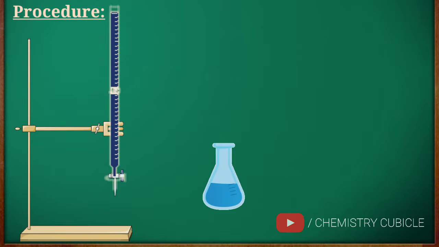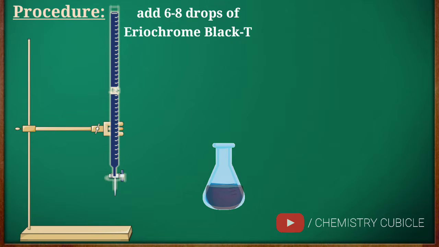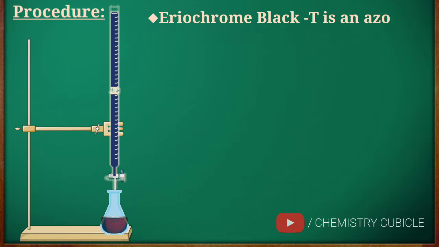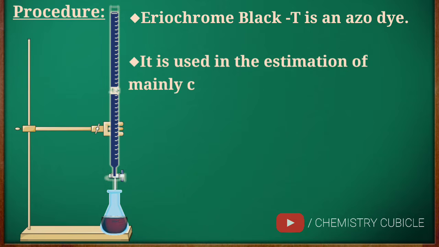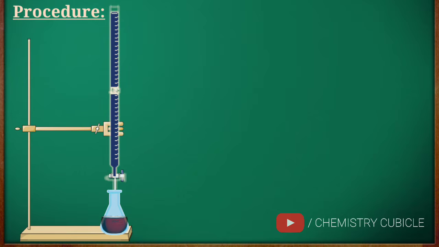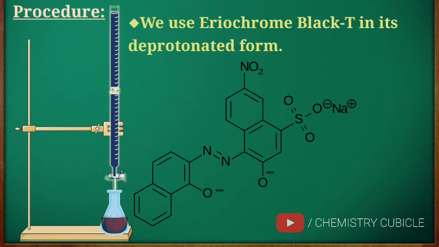After this, add 6 to 8 drops of Eriochrome Black T as an indicator in the conical flask. Eriochrome Black T is an azo dye and it is used mainly in the estimation of calcium and magnesium ions with EDTA. We use Eriochrome Black T in its deprotonated form.